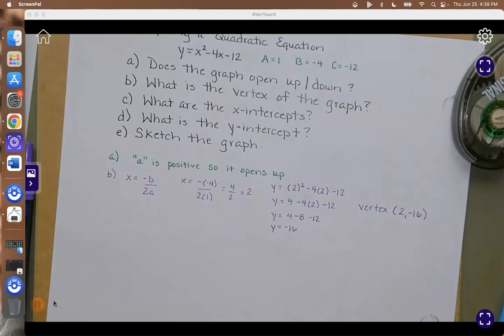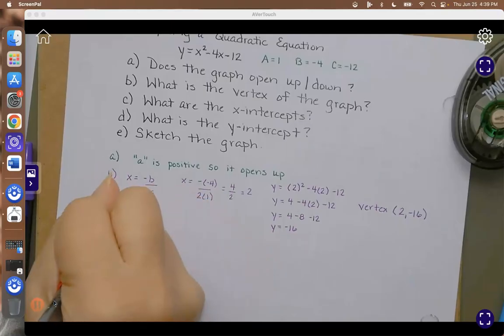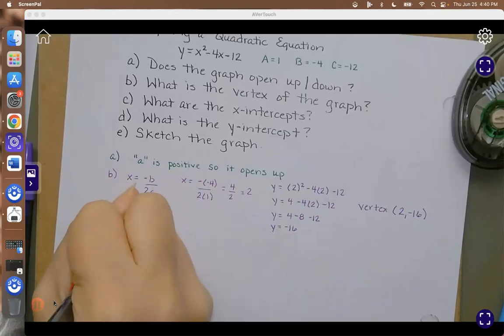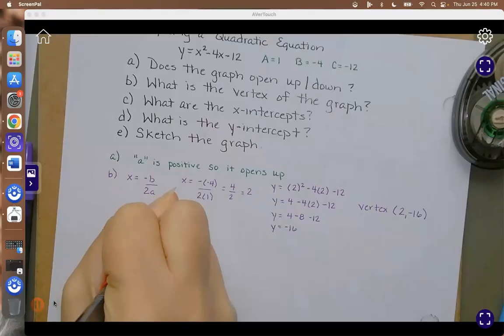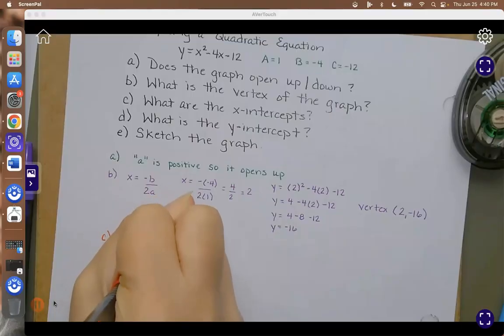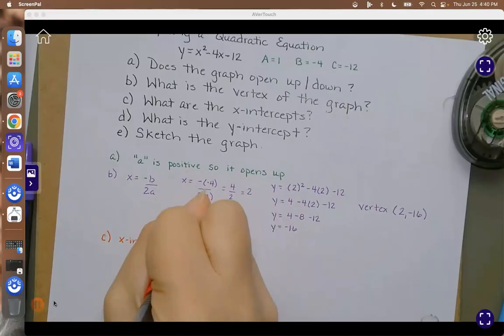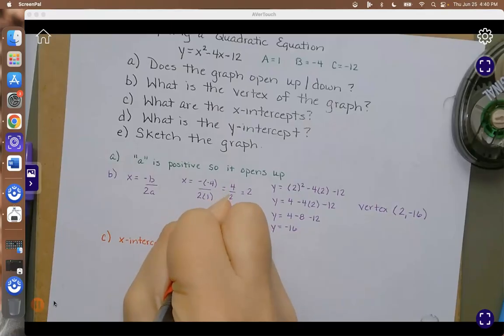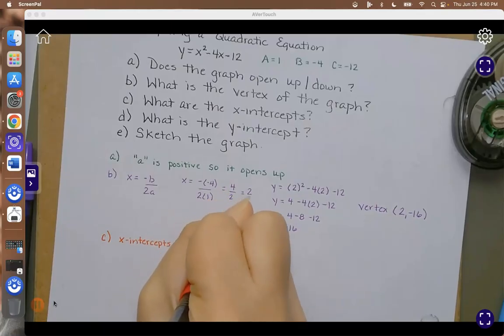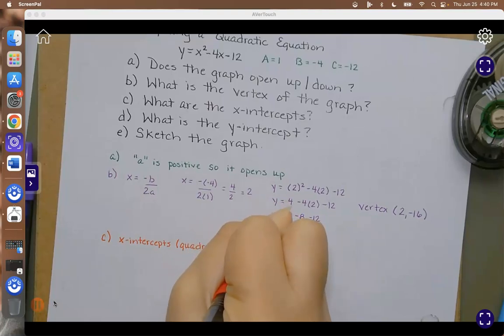C. What's the x-intercepts? And to find the x-intercepts, you do quadratic formula. Okay, we're going to do quadratic formula.